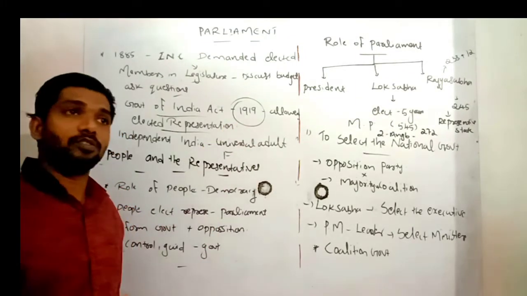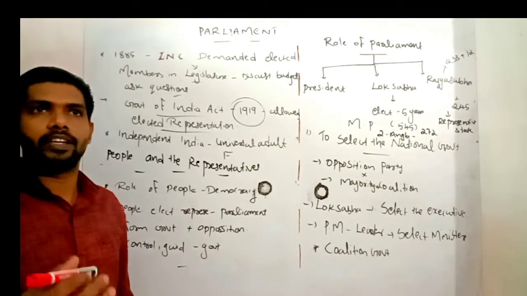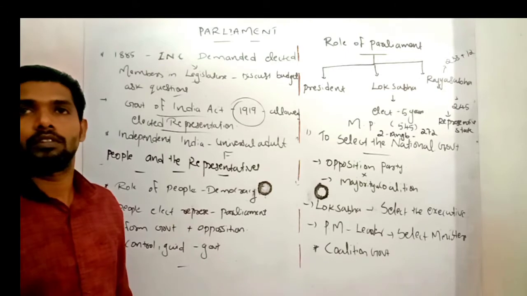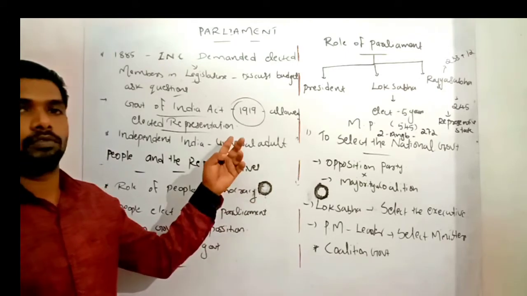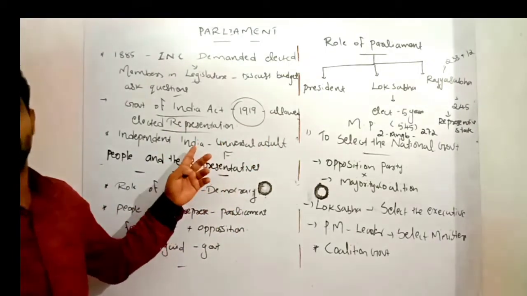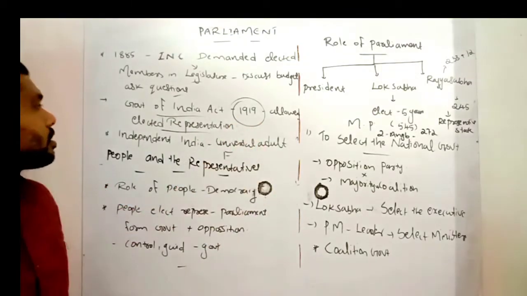So Indians got a chance to be represented in their elected legislature. We could participate in the discussion of the budget and ask questions, but we did not have that much right or power through this legislature. But we got a chance to have representation in the legislature, under the Government of India Act in the year 1909.